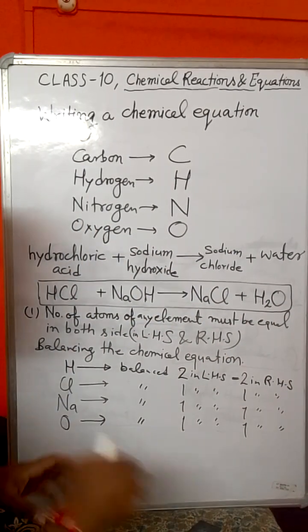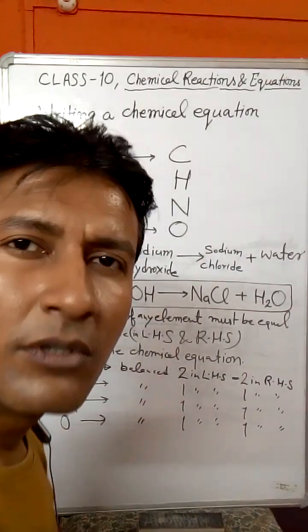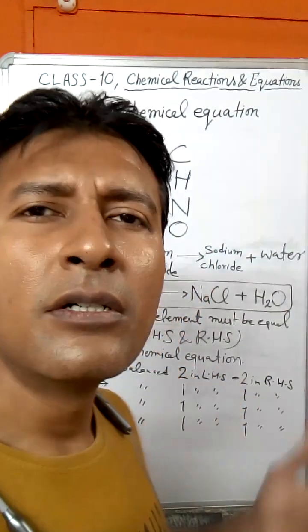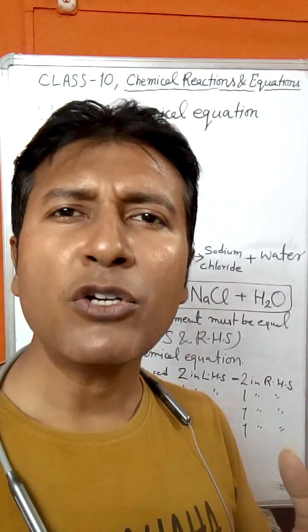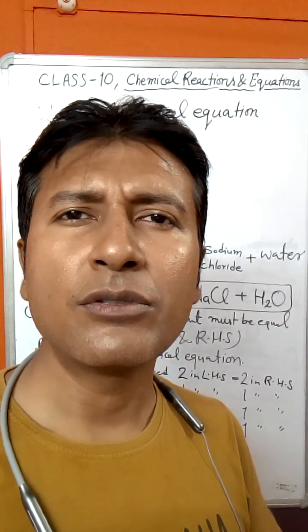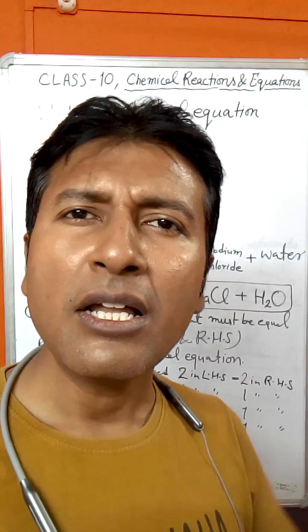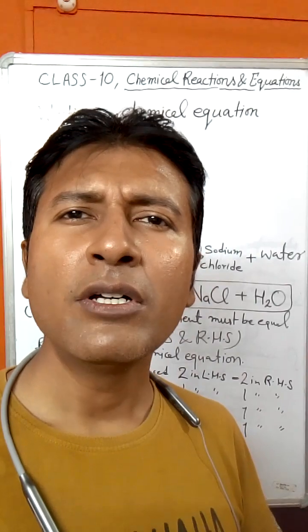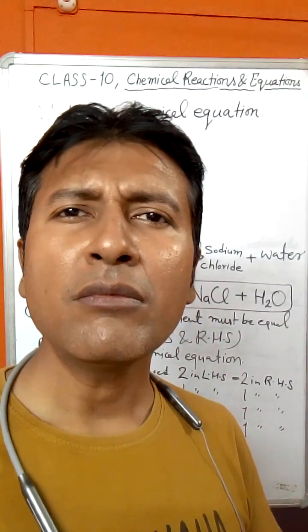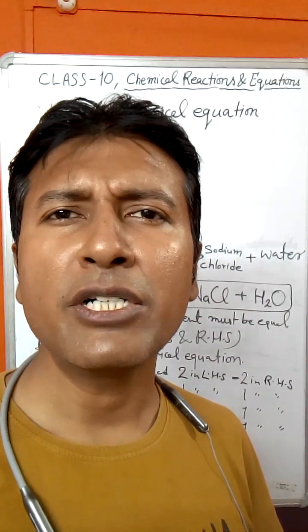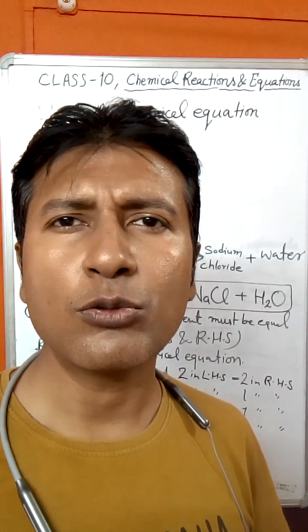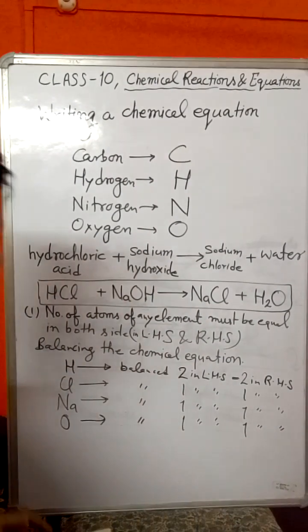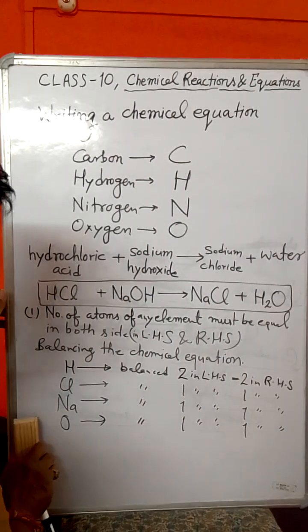Are we getting this? Right? This point is clear? Means the total number of atoms of any element on the left hand side must be equal to the total number of atoms of that element on the RHS side also, right? This point is clear? You can note it down.